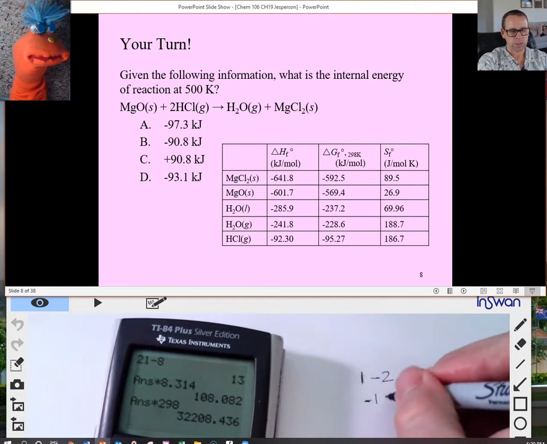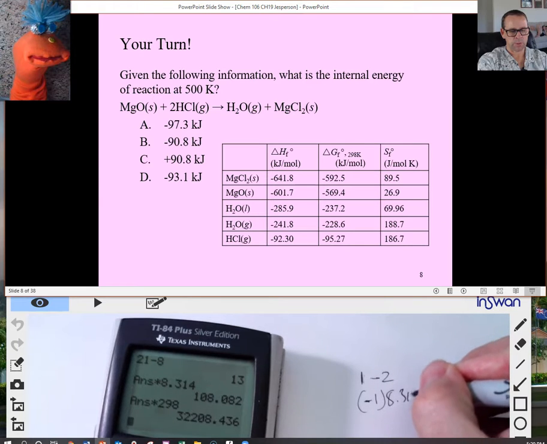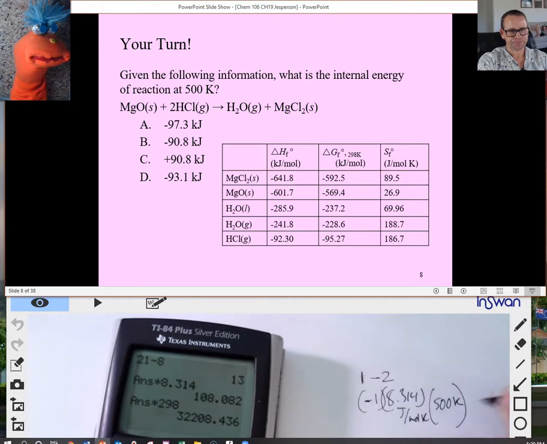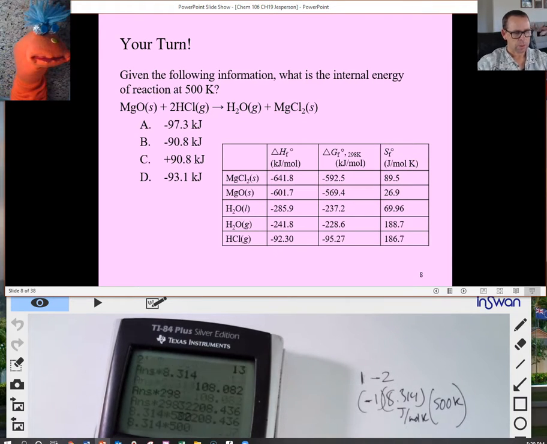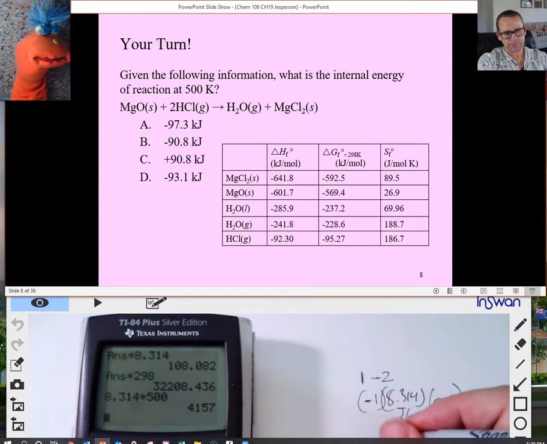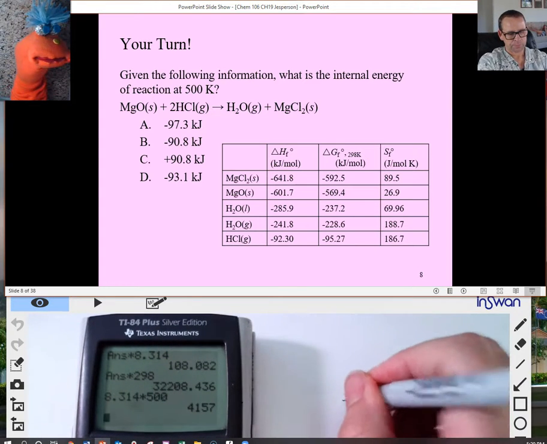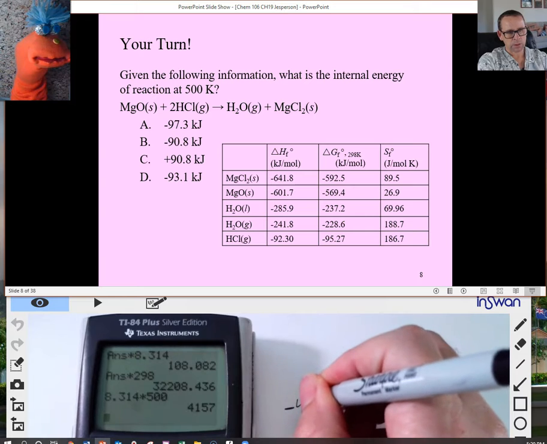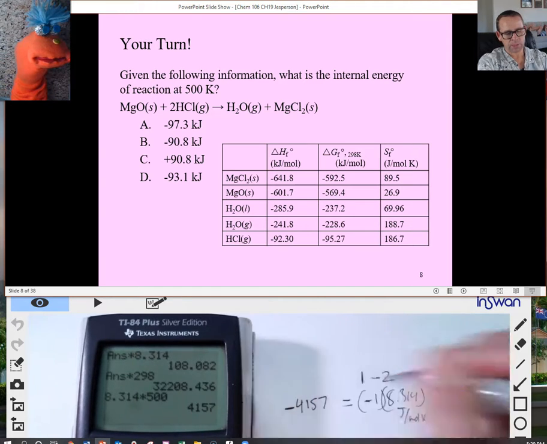So it's a negative 1 times 8.314 joules per mole Kelvin, times 500 Kelvin. All right, so 8.314 times 500, that will be our 4,157.